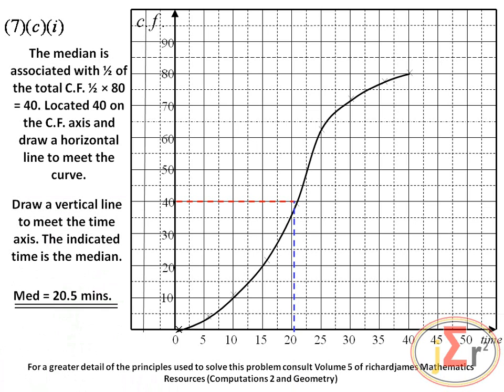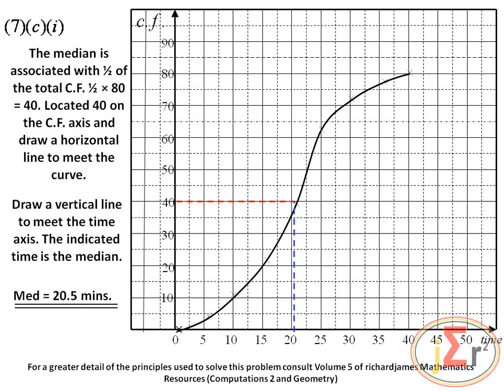And recently we realized that the examiners are giving total cumulative frequency to be equal to something other than 100, because some students have this programmed in their minds already that the total cumulative frequency must always be equal to 100. So as they say, find the median, students go to 50 and then go across, and then they end up getting the wrong answer, of course.